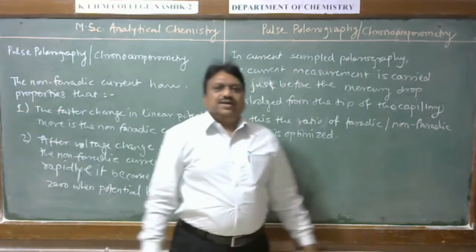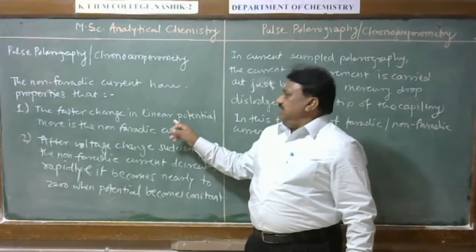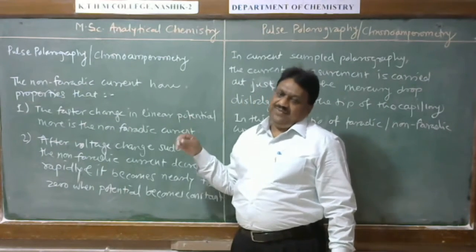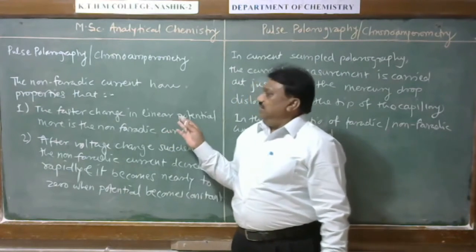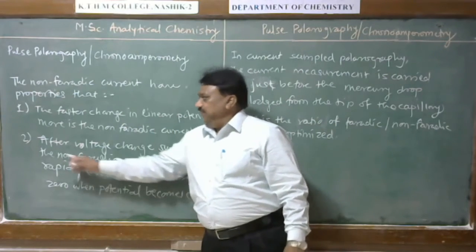Therefore, non-faradic current has two properties. First, it changes at a faster rate with linearly increasing potential. If we avoid the linear potential sweep program, then we can minimize the interference of non-faradic current.